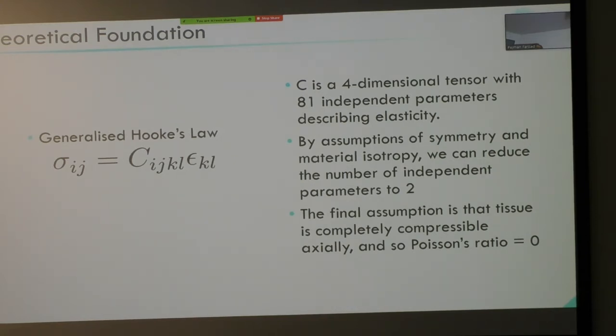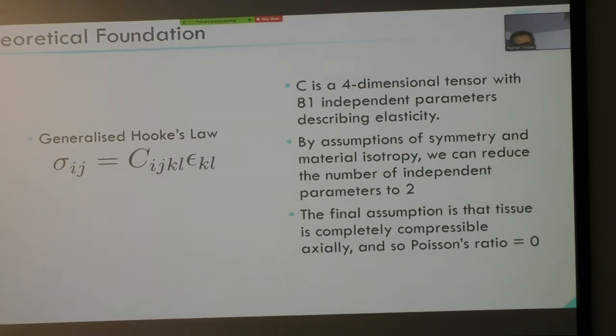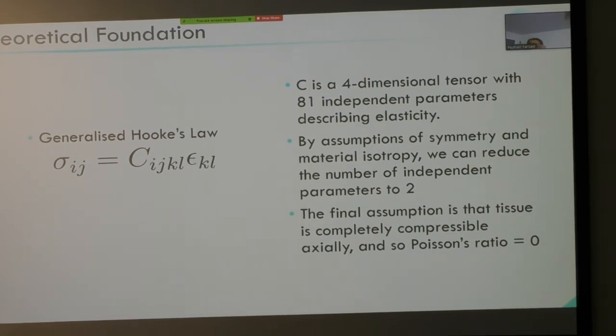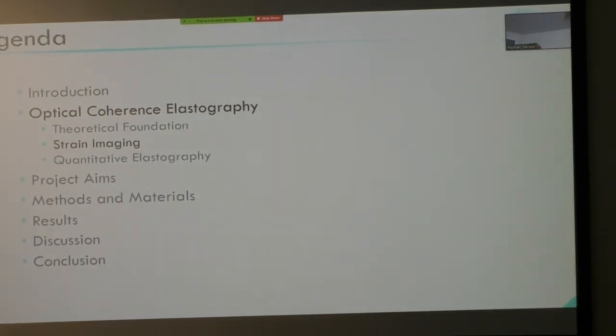And then the final assumption for optical coherence elastography is that when you compress a material, it just moves in the one direction. So that Poisson's ratio is 0. And so it reduces the number of parameters required to describe the elasticity to 1.